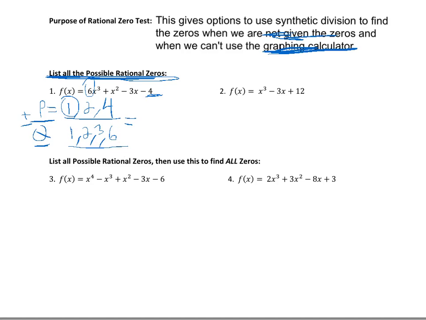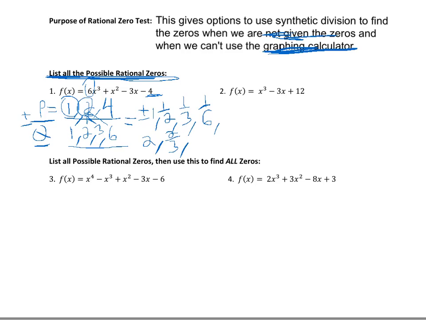So I'm going to write that down: plus or minus 1, 1/2, 1/3, and 1/6. And then I'm going to use the 2 and put 2 over everything. So 2 over 1 is 2. 2 over 2 is 1, that's already on the list. Then 2 over 3 is 2/3. 2 over 6 reduces to 1/3, that's already on the list.